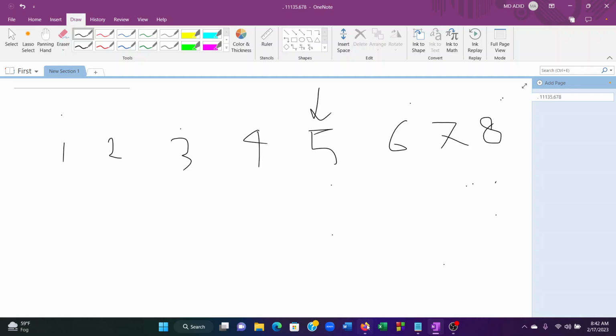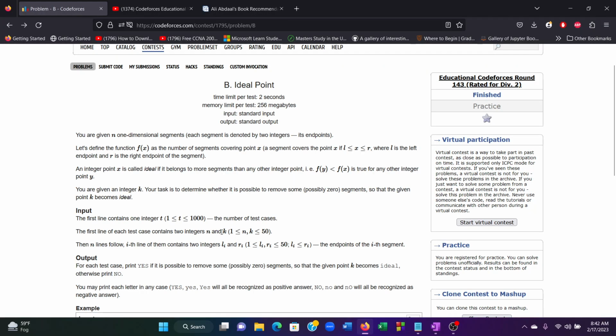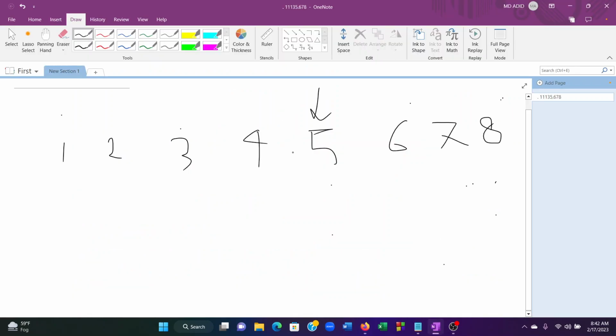The ranges that we're going to take as input, as you can see, we're going to take n ranges, and the only number which is going to contain the maximum amount of ranges out of all the numbers, only that number is going to be considered as an ideal point.